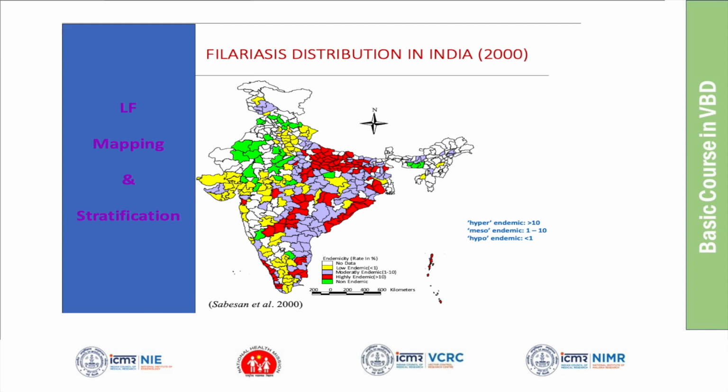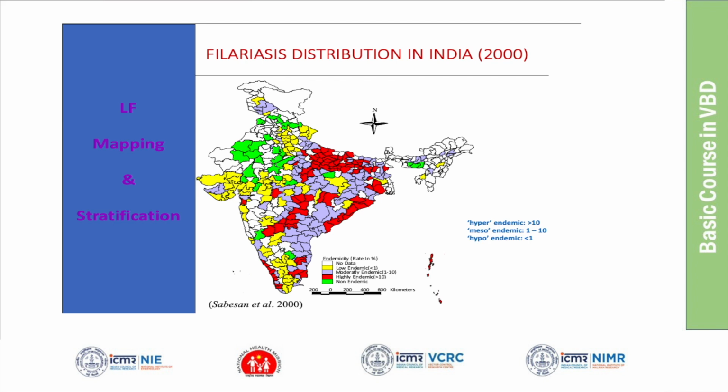After 2000, we introduced the mass drug administration for LF elimination. But by 2000, we had created a spatial distribution map of filariasis in the country. At that time, we had no classification of the endemic areas based on endemicity.